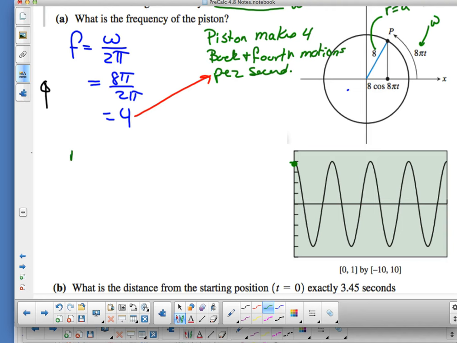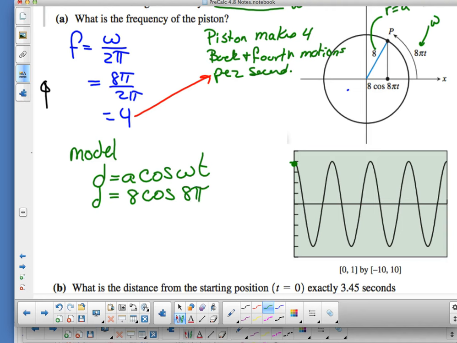So for my model, d is equal to a cosine omega t. Well, a was 8, omega was 8 pi, and I have x instead of t, and really that d should be our y. So we're going to fix that up right away.